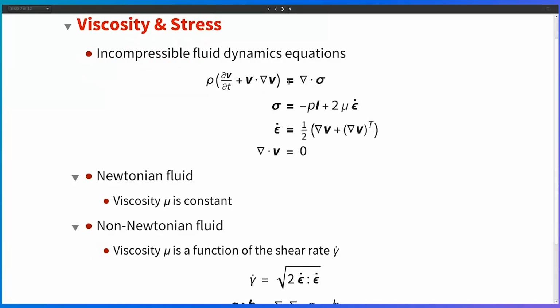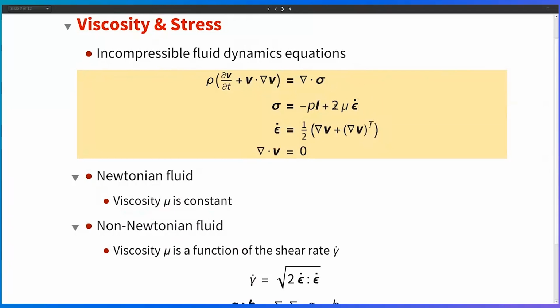So the first equation is basically just the balance of momentum. On the left-hand side, we have inertial forces, and on the right-hand side, we have the divergence of sigma. The sigma is the stress tensor and is composed of 2 parts. The first is just minus pressure times the identity matrix, and the second part is called the viscous part of the stress tensor, or just viscous stress tensor.